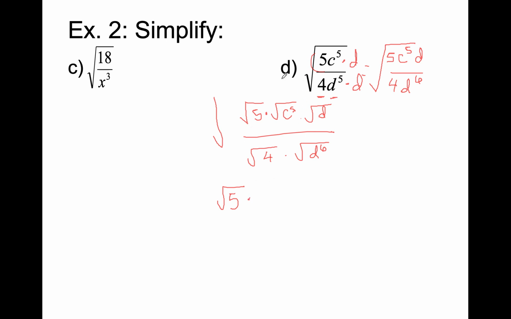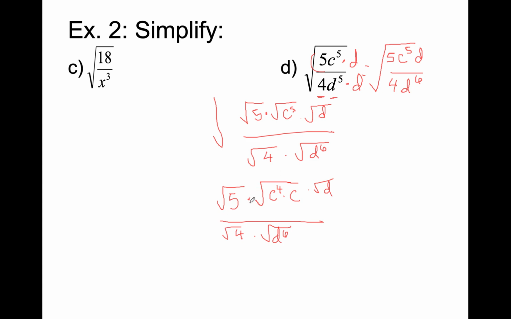If I take a second and look at c to the fifth, I can split that up into c to the fourth times c. I'm just going to copy down everything I have left: radical d over radical 4 times radical d to the sixth.